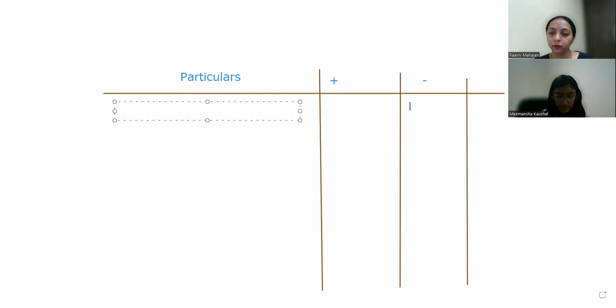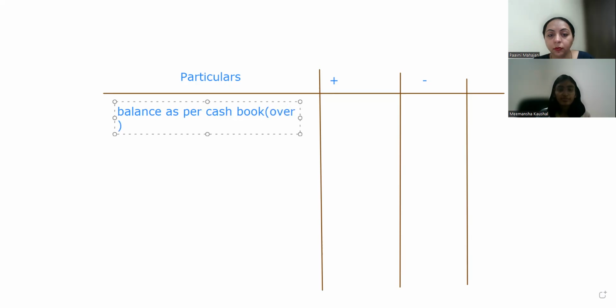Credit balance, overdraft as per cash book. Yes. So balance as per cash book. You can write overdraft in the bracket, and credit in the bracket. No, after balance, write overdraft.